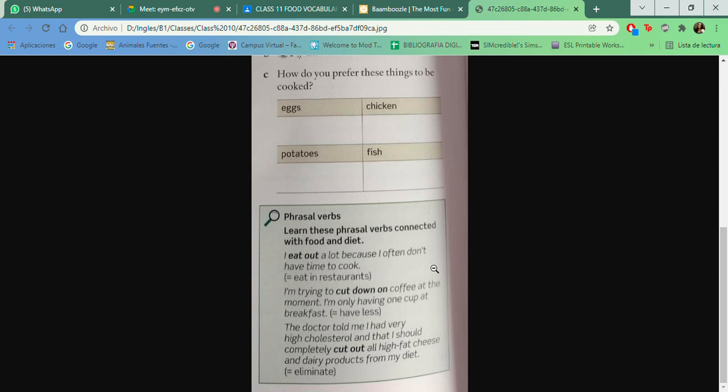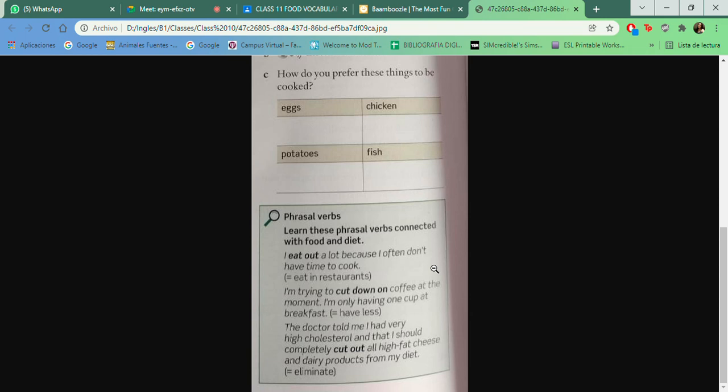Okay. Cut out, cut down. Maybe if you take an exam at Cambridge, this is a common phrasal verb that they ask you. Sometimes you have to rephrase the sentence, and then you have the phrasal verb in brackets, right?